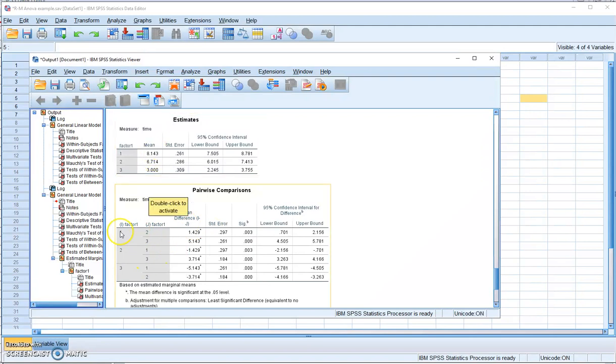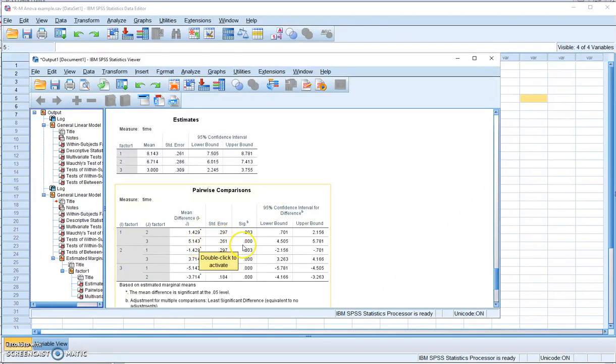So the measure at time 1 before they take the medication versus time 2, 1 week after they take the medication. The difference is 1.429 on their measure of anxiety, which is statistically significant. So is the difference between before and week 2, and the difference is 5.143.